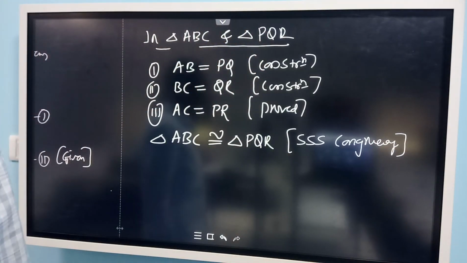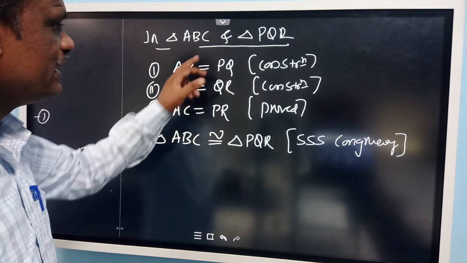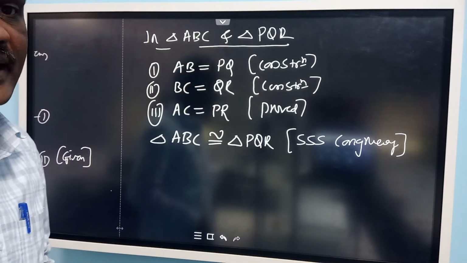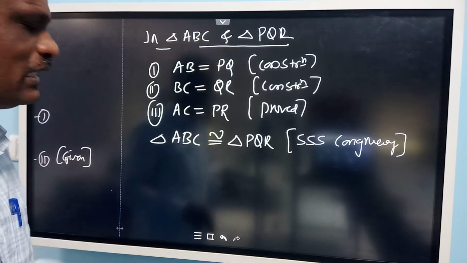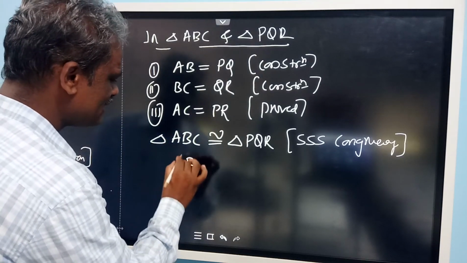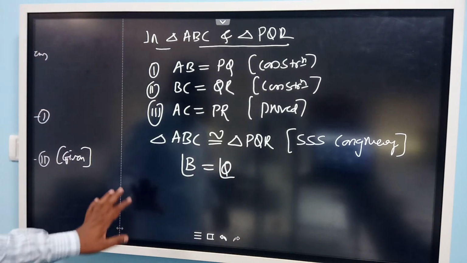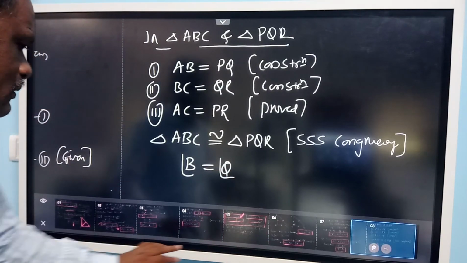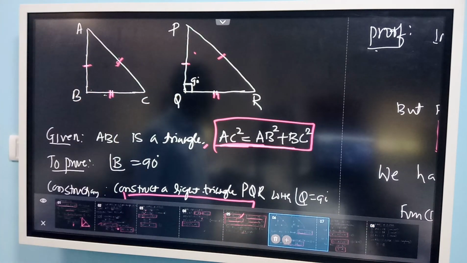If they are congruent, then the corresponding parts should be equal. So already three sides are equal, then the corresponding angles must be equal. I want only the angle B. So I can write angle B is equal to angle Q, corresponding parts of congruent triangles. Come back to the diagram now. In these triangles, we proved that angle B and Q are equal.